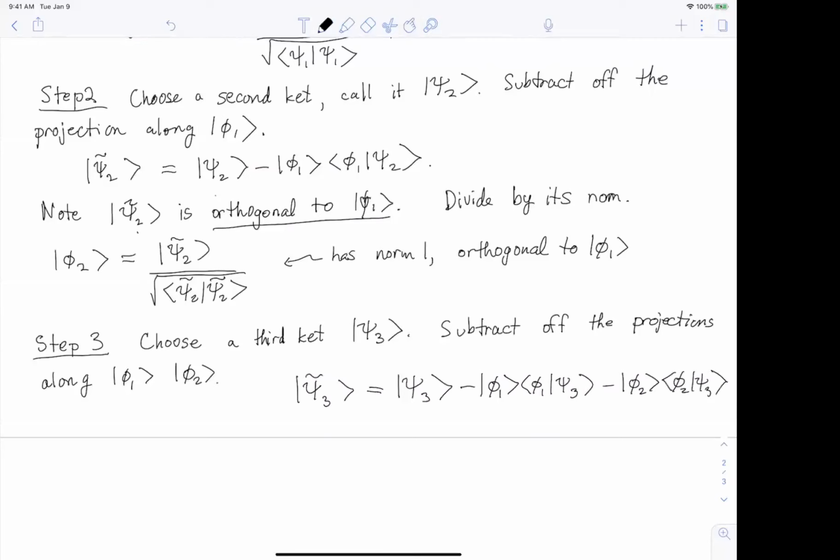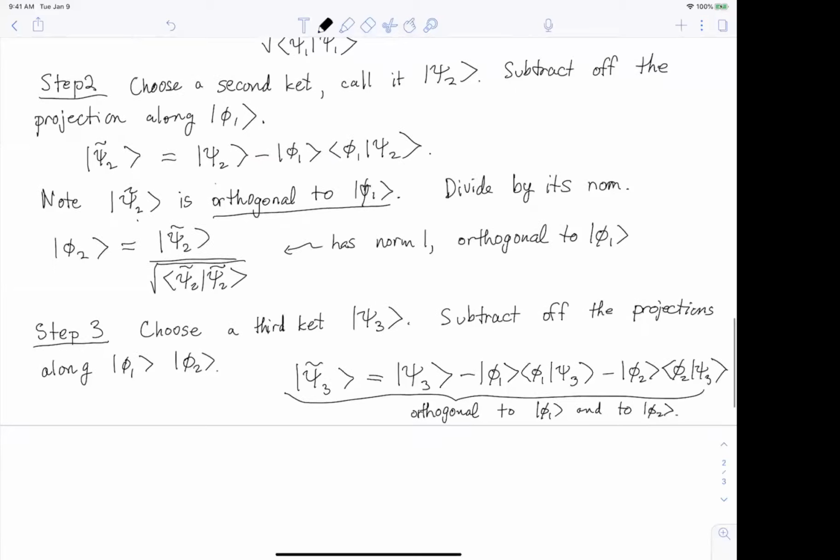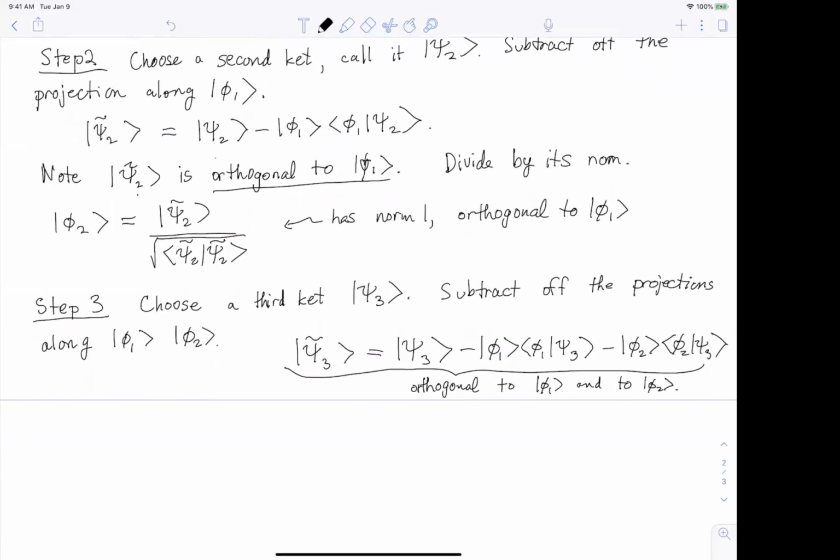Okay, and the strategy here is that we've made a ket that is orthogonal to all of the orthonormal basis vectors that we've got so far. Namely, it's orthogonal to phi 1 and to phi 2. And to prove that, you can just take its inner product with phi 1 and see that it's 0, and then with phi 2 and see that it's 0.